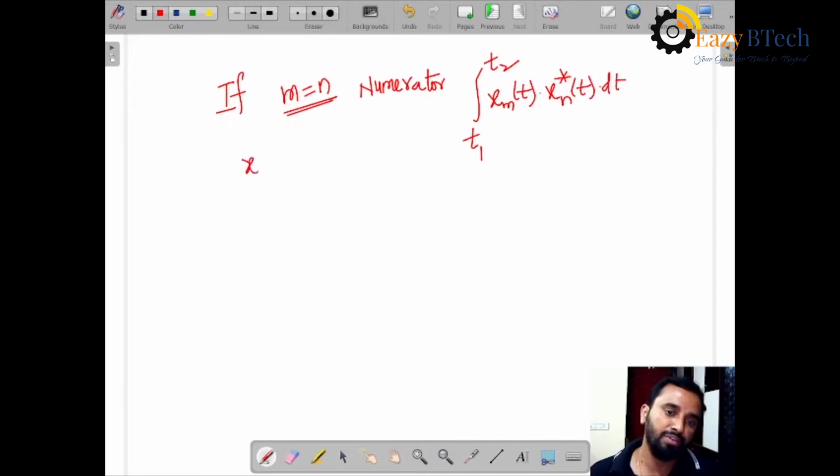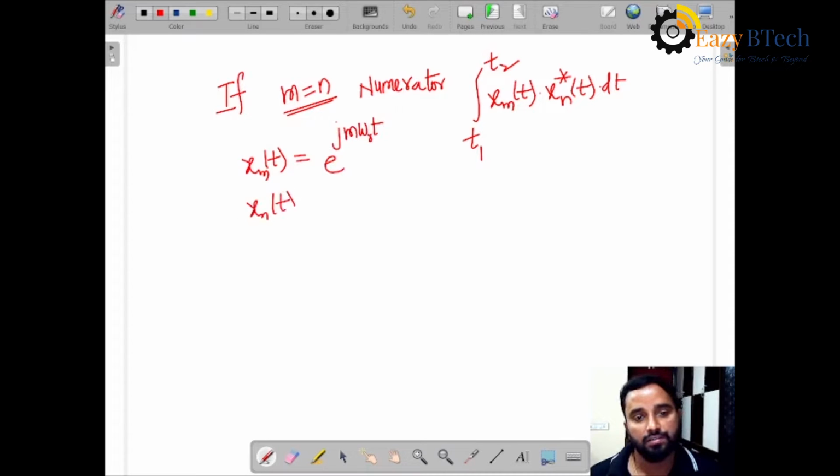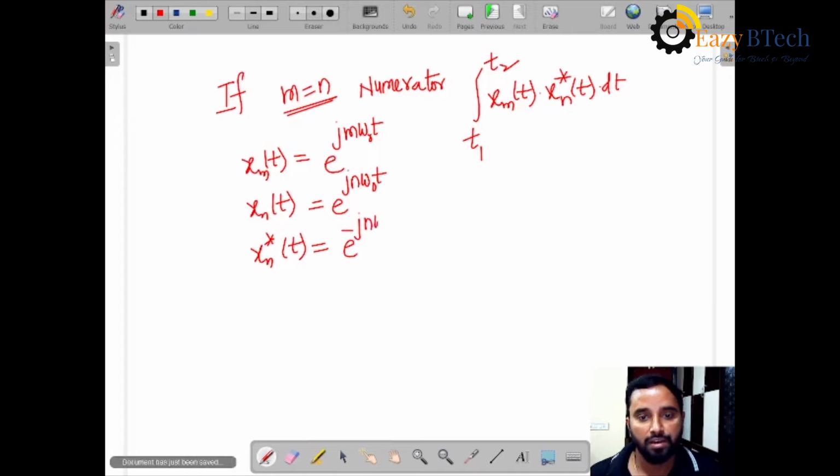Here x m of t is e power j m omega naught t, and x n of t is e power j n omega naught t. Here we have star, so x n star of t means the complex conjugate of x n of t. So e power plus j will become minus j n omega naught t.